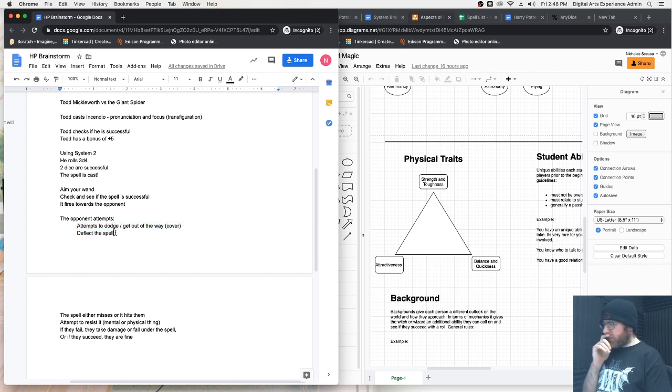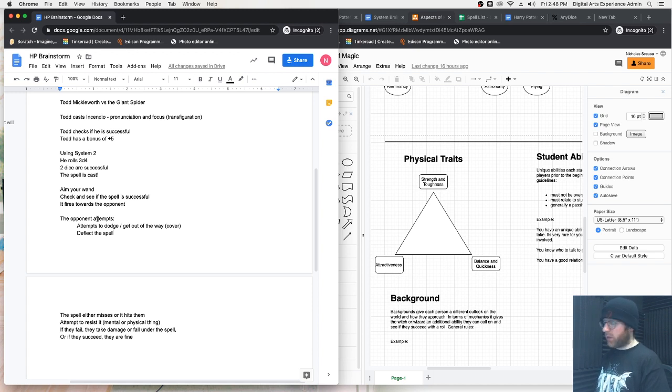This is where it gets tough because we're trying to determine, all right, the spell is cast. Do we just have it automatically hit if it meets a certain threshold or a number or something? Or do we give them the opportunity to dodge? I think it depends on, like, obviously if they're surprised, like you ring around the corner and go, boop, then obviously that shouldn't matter too much.